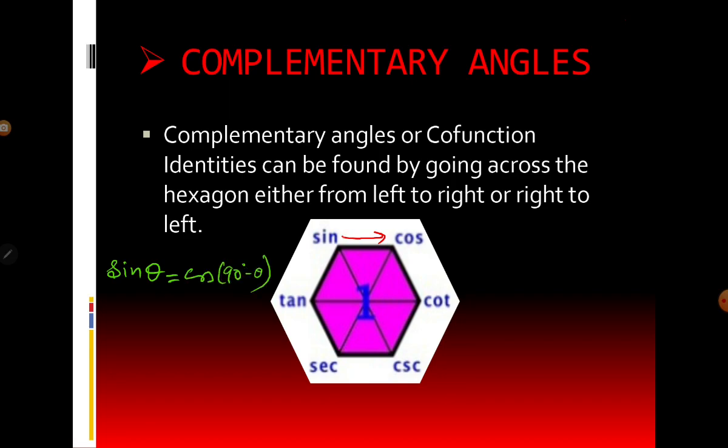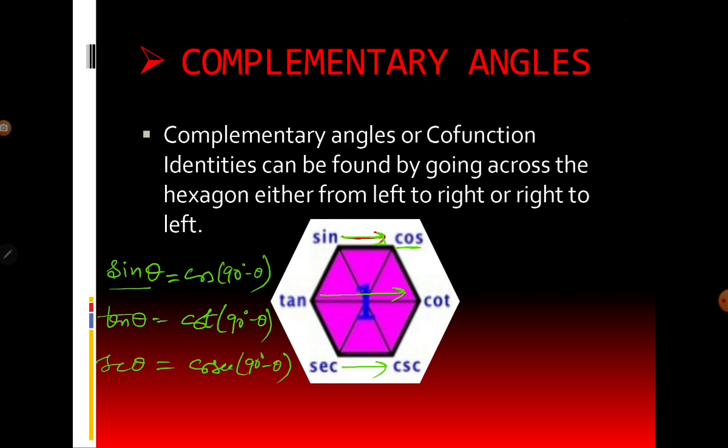Now I am going from tan towards cot, so tan theta is cot of 90 degree minus theta. Then I am coming from secant: secant theta is cosecant of 90 minus theta. This way you can write if I am coming from left towards right.